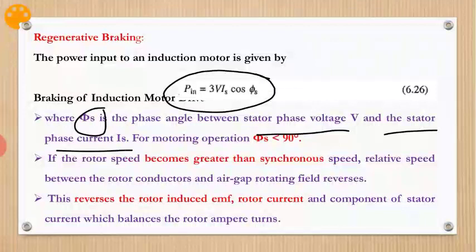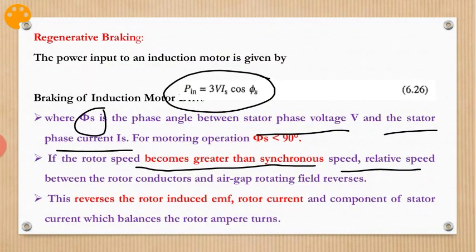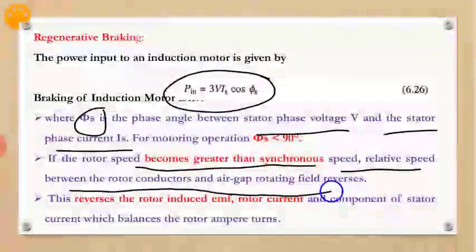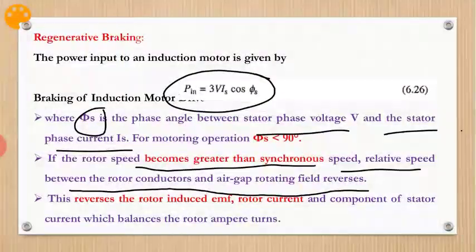If the rotor speed becomes greater than synchronous speed, the relative speed between the rotor conductor and the air gap rotating field reverses. This reverses the rotor induced EMF, the rotor current, and the component of stator current which balances the rotor ampere turns.